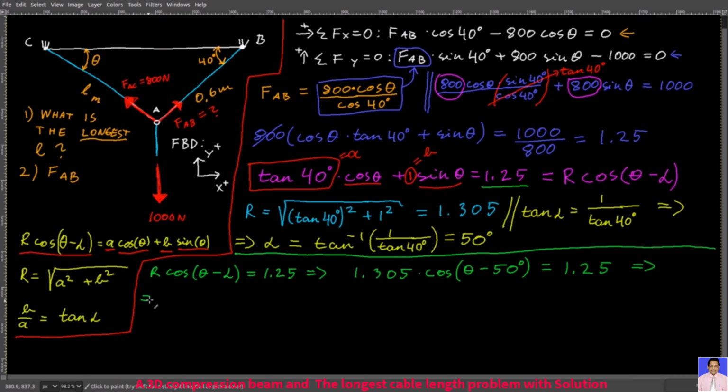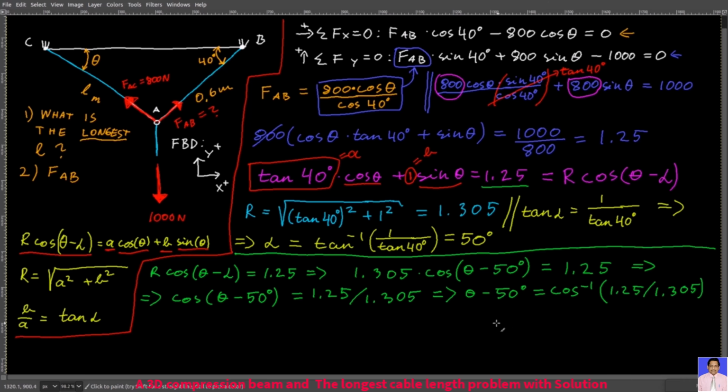You can have cosine of theta minus 50 degrees equals 1.25 over 1.305. And that means that theta minus 50 degrees equals inverse cosine of this ratio.